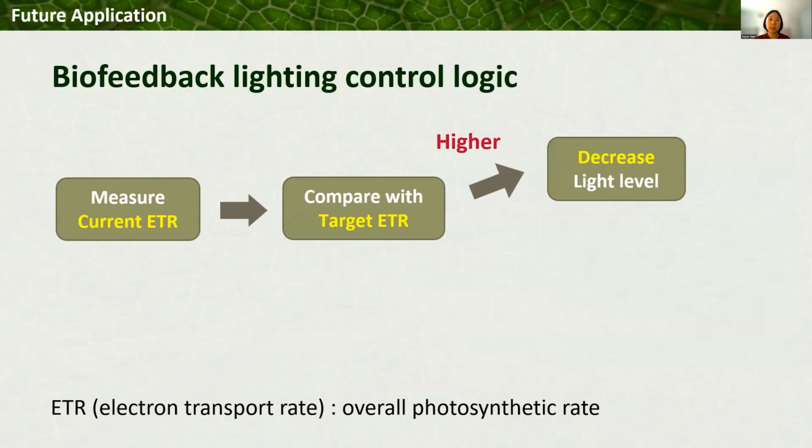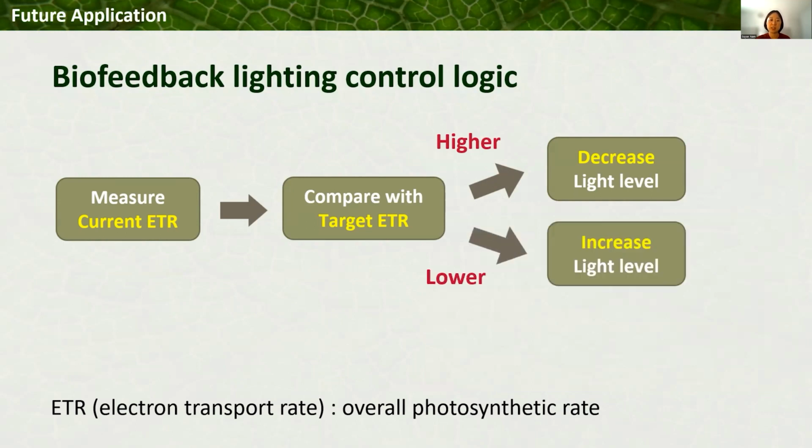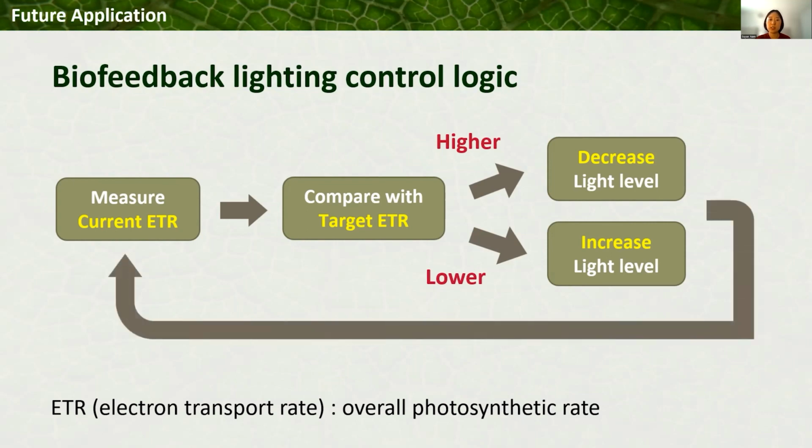When the current ETR is higher, the light intensity is too high for the plants, and we can decrease it to match the target ETR. And vice versa, when the current ETR is lower, we can increase the light level to match the target ETR, and then measure the ETR again continuously.